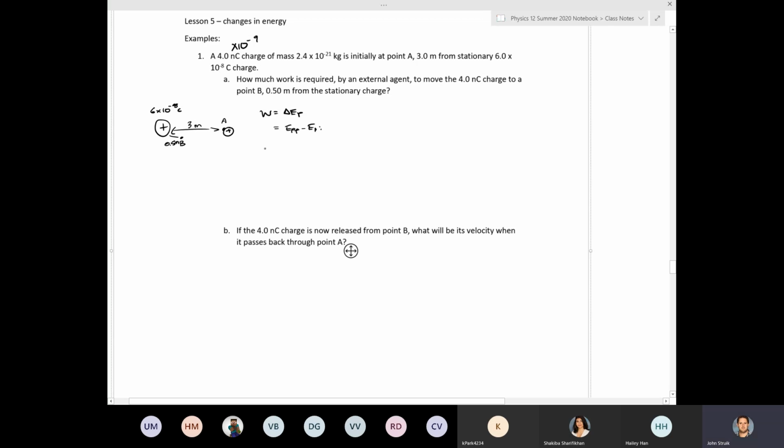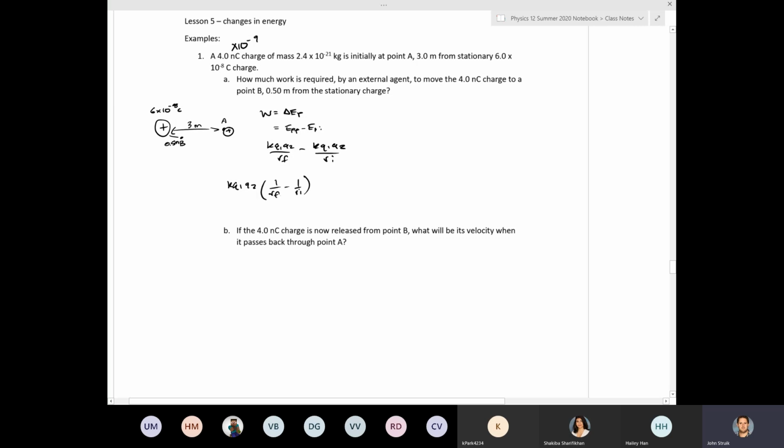We can kind of derive this formula, though we don't really have to. It's KQ1Q2 over RF minus KQ1Q2 over RI. If you want to factor some things out, you can factor the KQ1Q2 out, then times 1 over RF minus 1 over RI.